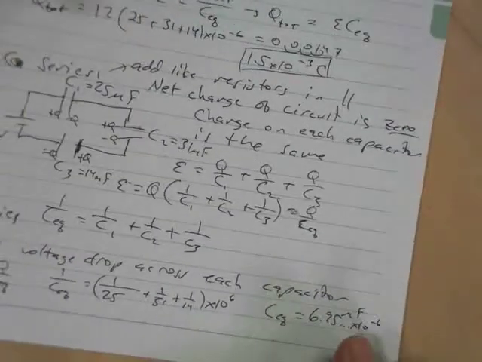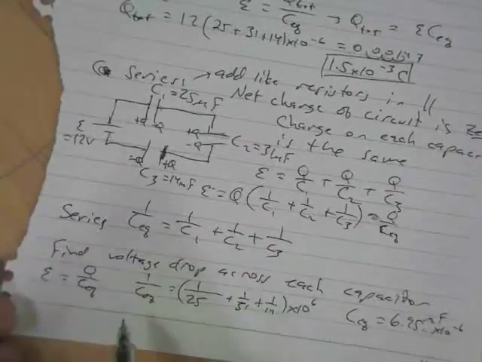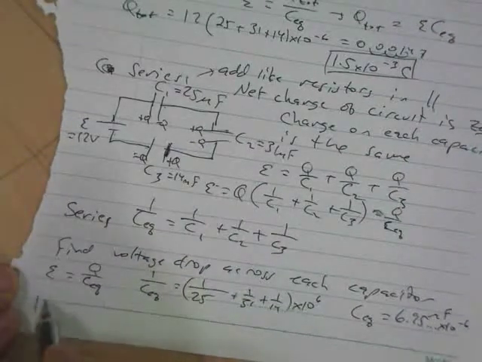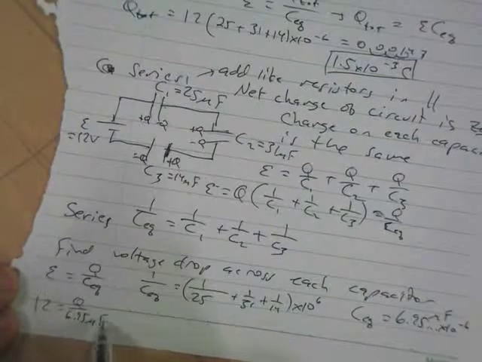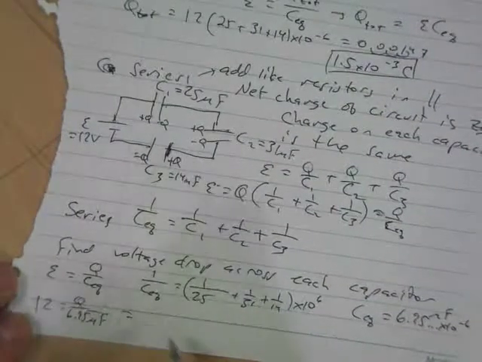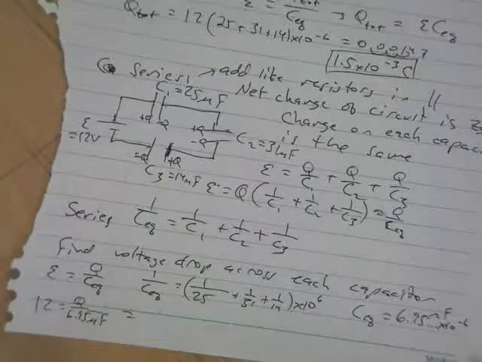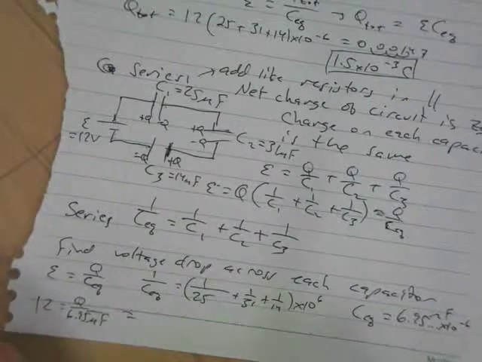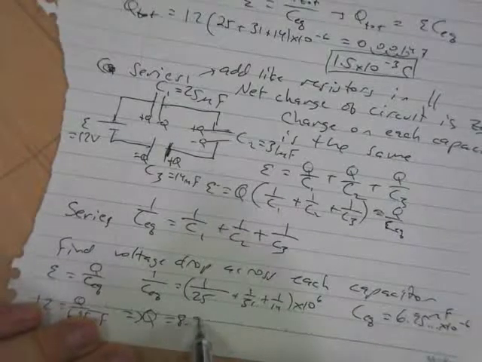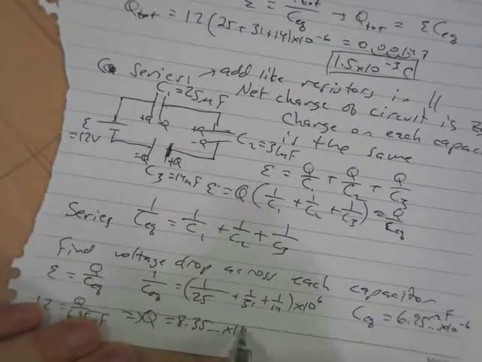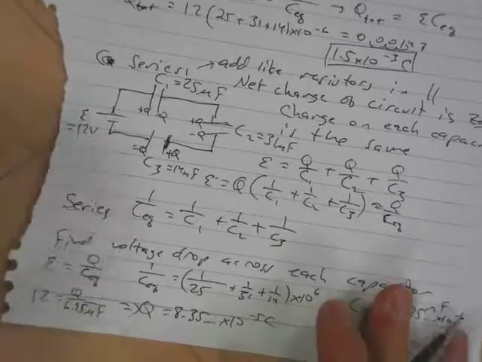And then we can find the charge, because we know that 12 is equal to the charge over the 6.95 microfarads. We punch that into our calculator, times 12. So the charge on each plate is 8.35, etc., times 10 to the minus 5th coulombs.